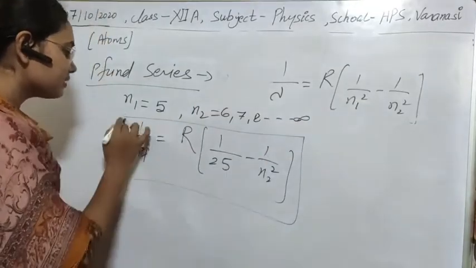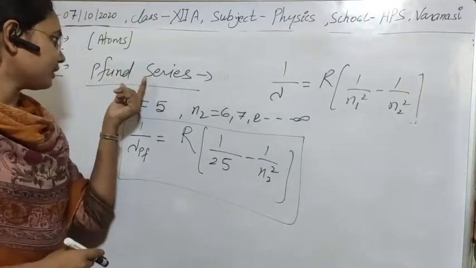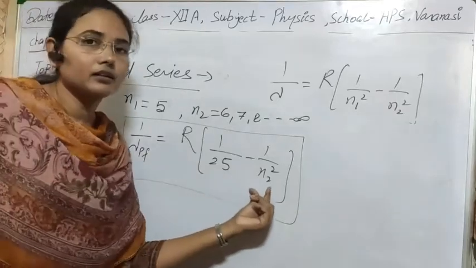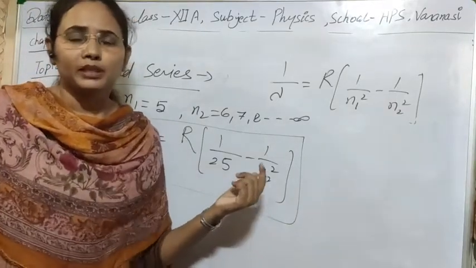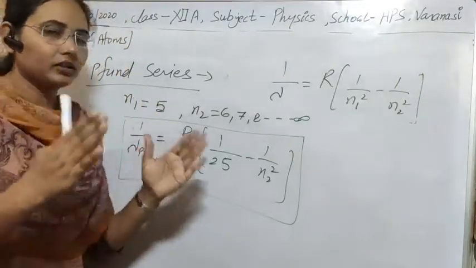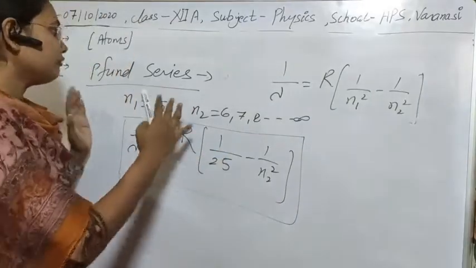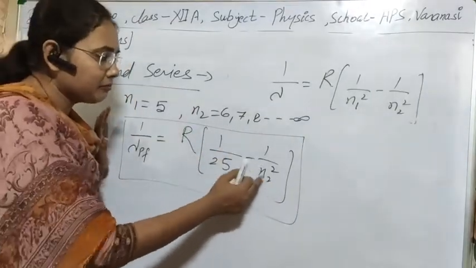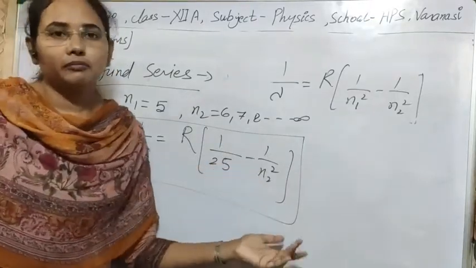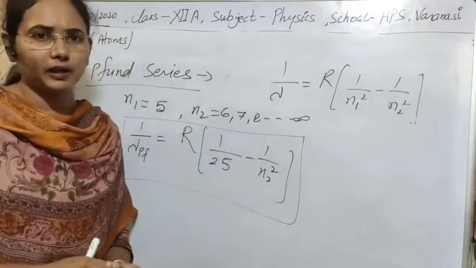This will give us the wavelengths of the spectral lines in the Pfund series. Again, we can easily find the maximum and minimum wavelength, the two extreme cases of the range of wavelengths obtained in the Pfund series. For the maximum wavelength we put n2 equal to 6, and for the minimum we put n2 equal to infinity, as I calculated earlier for the Lyman, Balmer and Paschen series.